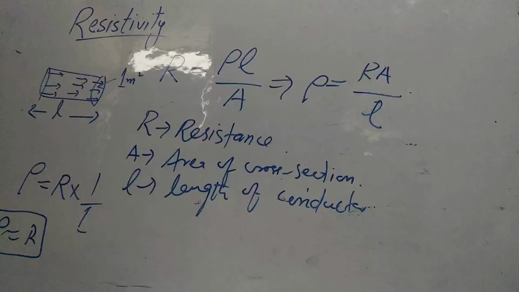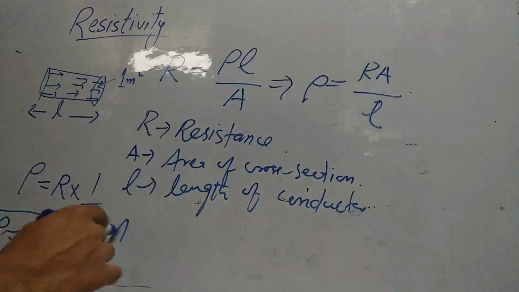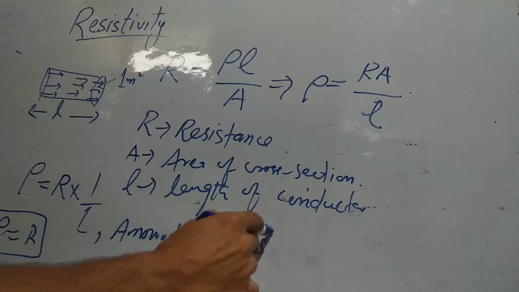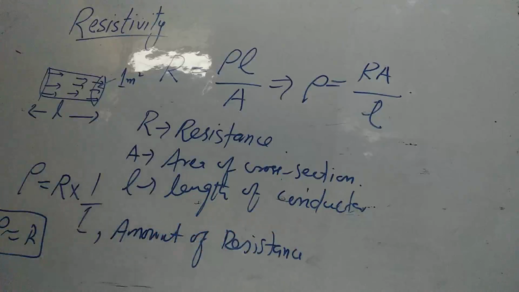Resistivity of a conductor can be defined as the amount of resistance. Remember that this rho is resistivity.